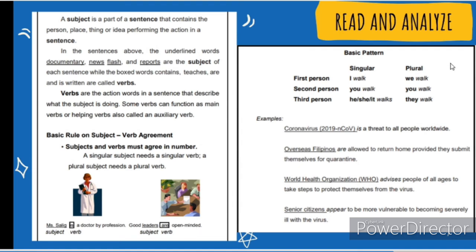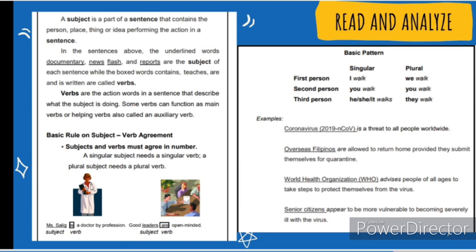For you to further understand, here is the list of the pronouns with the correct form of the verb to be associated with. Let's take these sentences as examples. The underlined words are the subjects in the sentence. Coronavirus 2019 nCoV is a threat to all people worldwide.